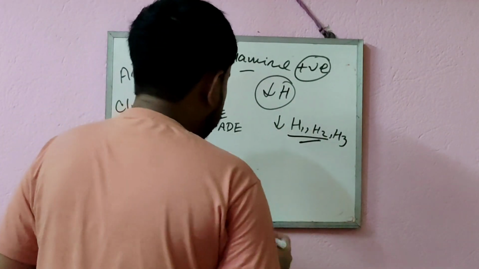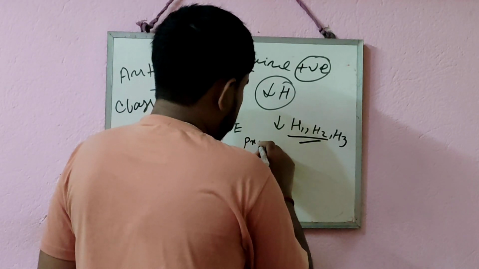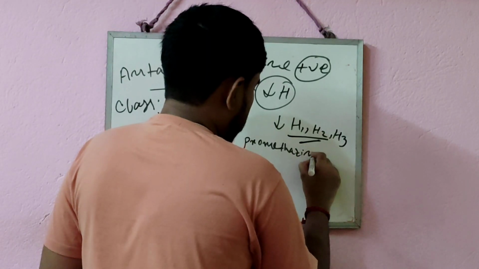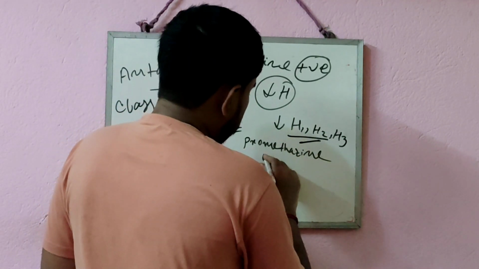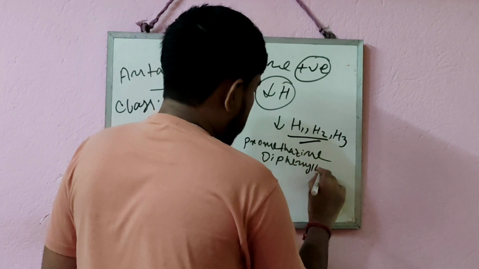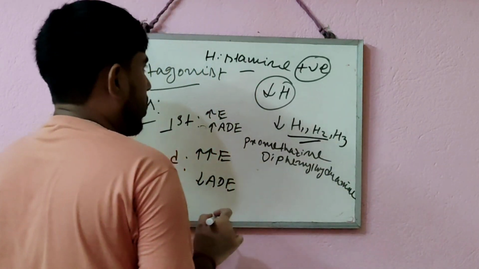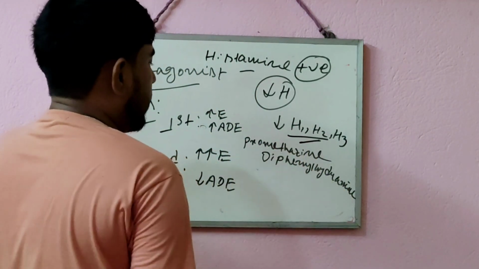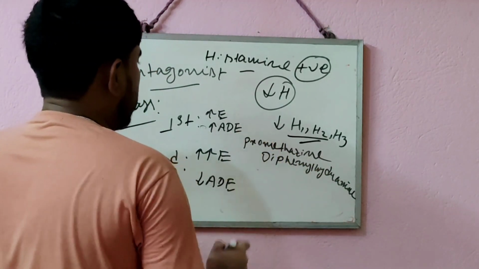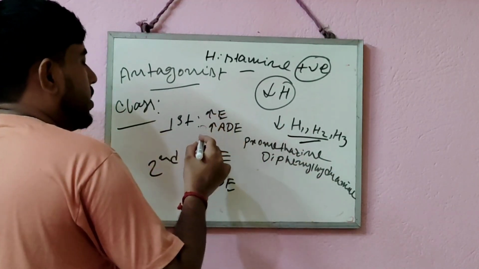So what are examples of those? First generation drugs are promethazine and diphenhydramine. These first generation histamine antagonists show their action by inhibiting the H1, H2, H3 receptors and act as histamine blockers.